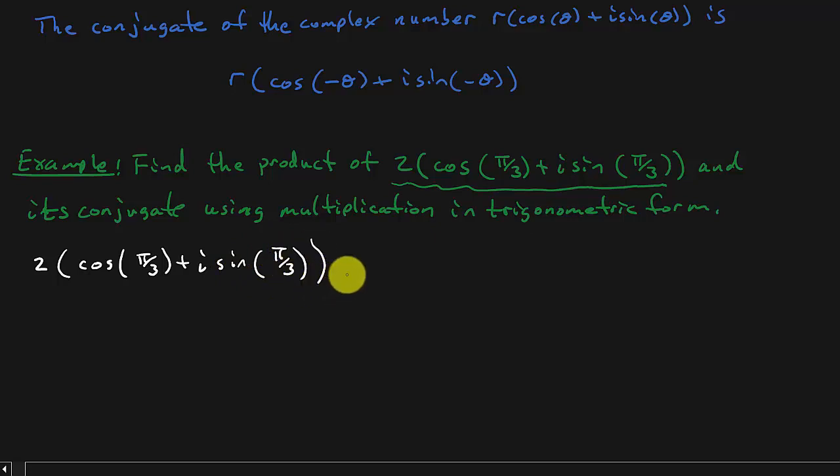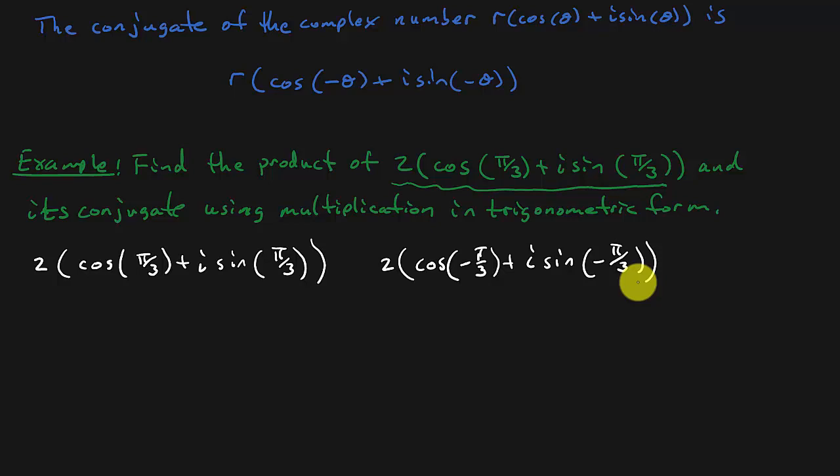All right. Now let's write its conjugate down. So the conjugate is 2 times cosine negative pi over 3 plus i sine negative pi over 3. And so we want to multiply them together. Well, how in the world do we multiply them together? Well, we've done that already, haven't we? So that's going to be what?